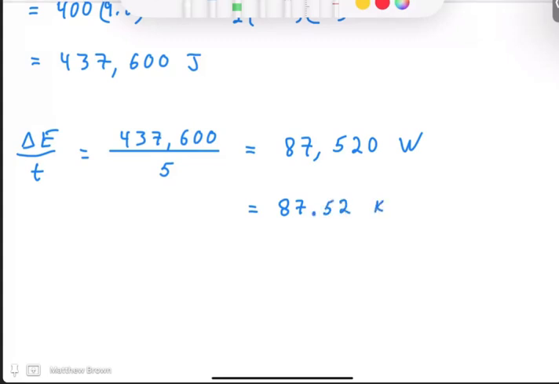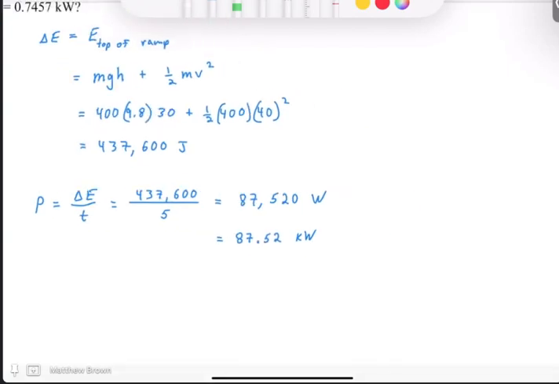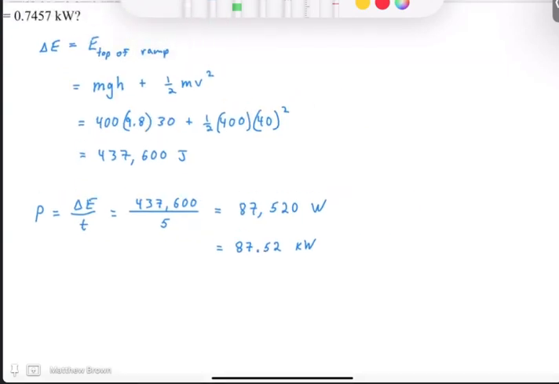So that would equal 87.52 kilowatts. Then I can actually use that conversion factor, which is just to say I can multiply that number by 0.7457. This would be horsepower per kilowatt.